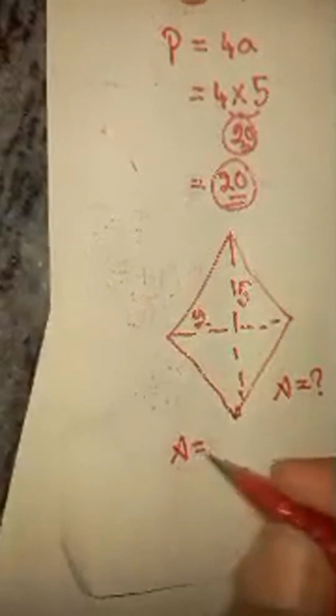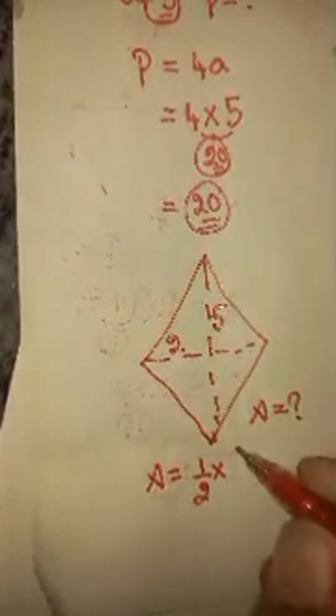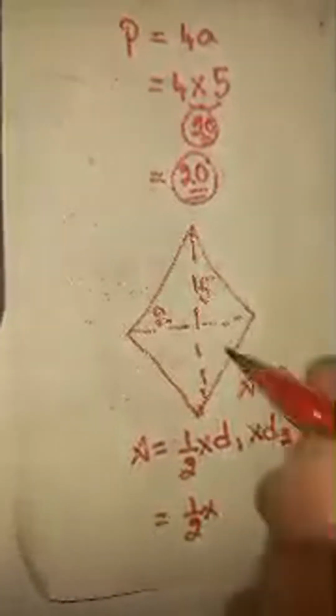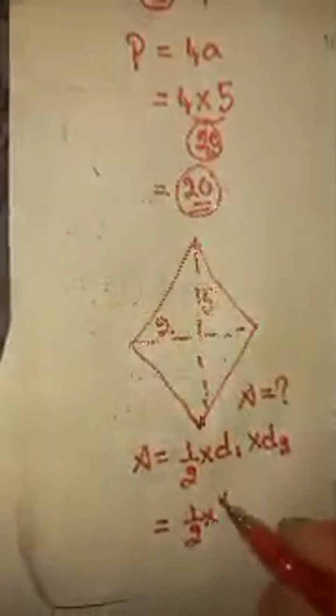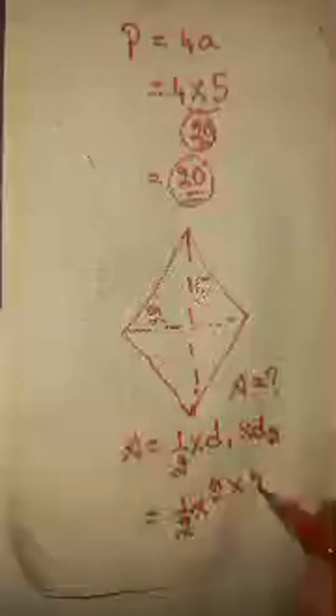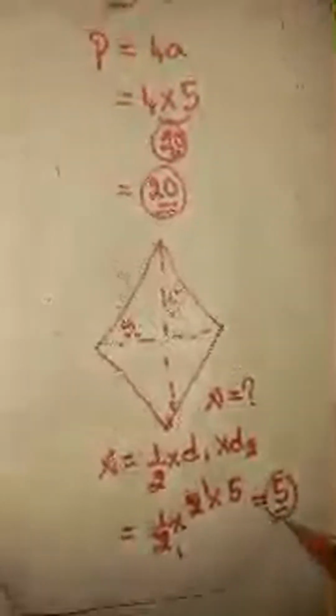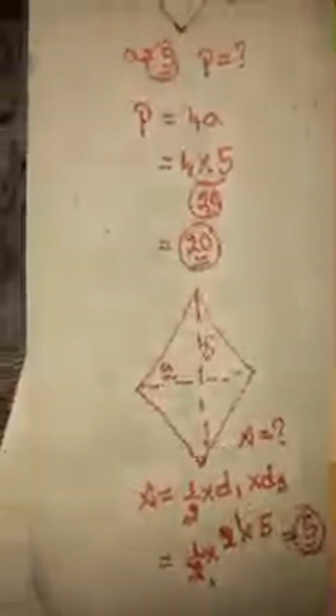The area of the rhombus is half times diagonal 1 times diagonal 2. You get half times diagonal 1, which is 2 units, times diagonal 2, which is 5 units. You can divide the denominator and numerator and then multiply. 5 times 1 is 5 square units, that is the area of this rhombus.